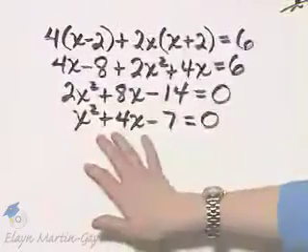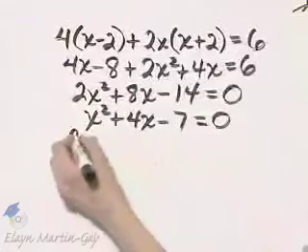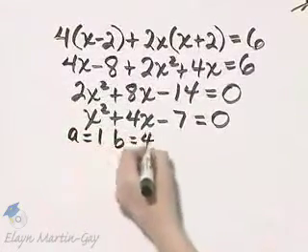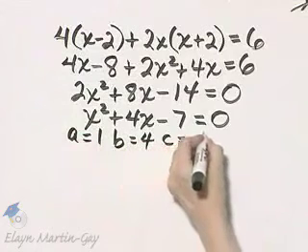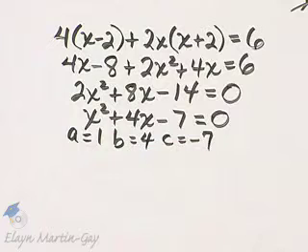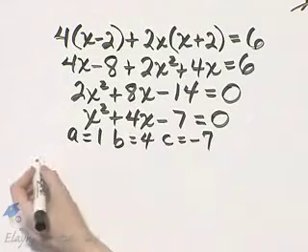Try and solve by factoring. You cannot factor this using integers, so we go to the quadratic formula. A is 1, B is 4, and C is negative 7. Now you may want to take a step and write down the quadratic formula, but I'm going to go straight to replacing it with replacement values.